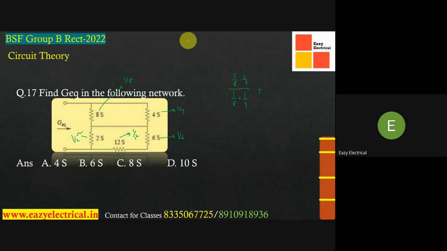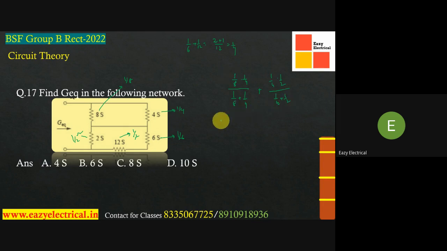1 by 6 plus 1 by 12 means, basically how much is it? That means 1 by 4. Right or not? 1 by 4. So 1 by 4 and 1 by 2 are in parallel. That means 1 by 4 into 1 by 2 divided by 1 by 4 plus 1 by 2.